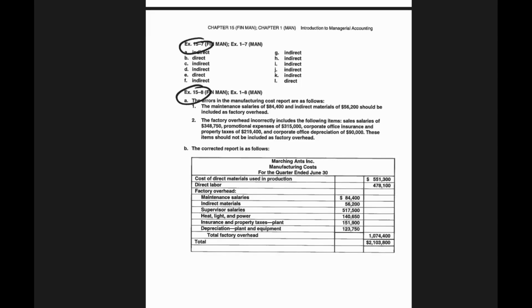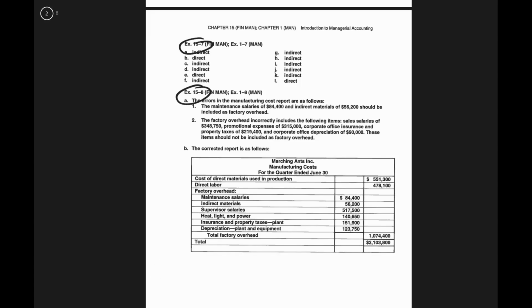So there's some items here that simply just need to be removed. If they are period costs, they're not in this manufacturing type of cost for production. So we're looking at direct materials, direct labor, and factory overhead. If it's something that falls in the period costs, it should not be in this report.